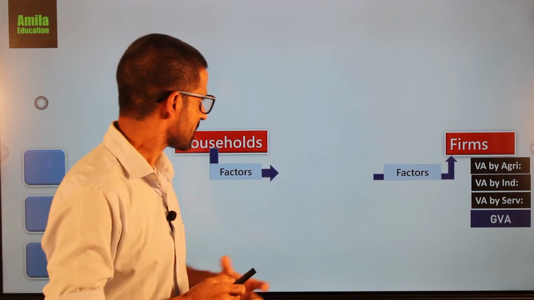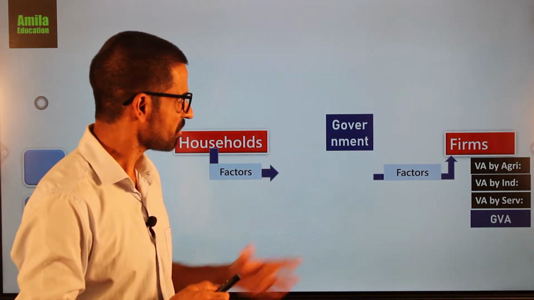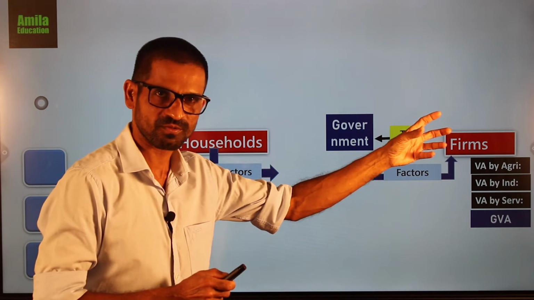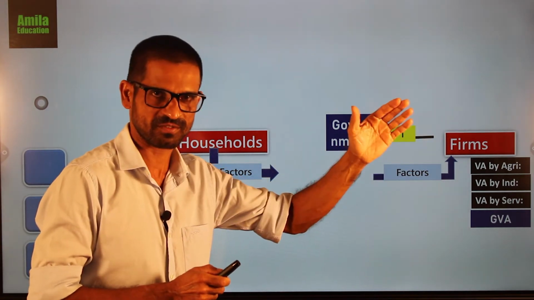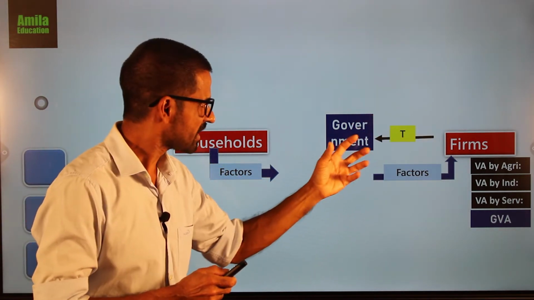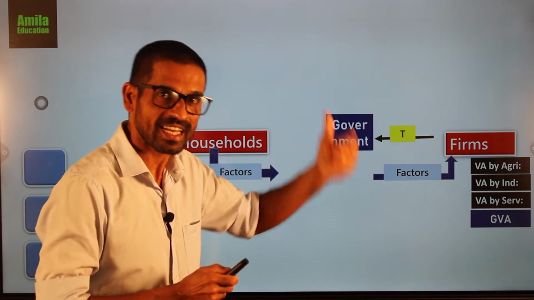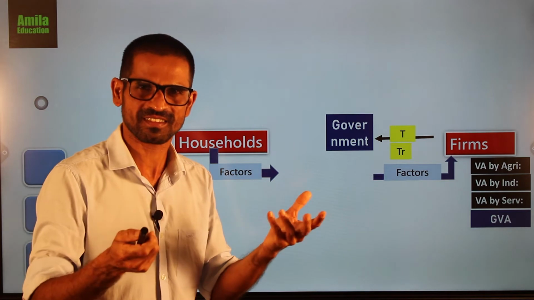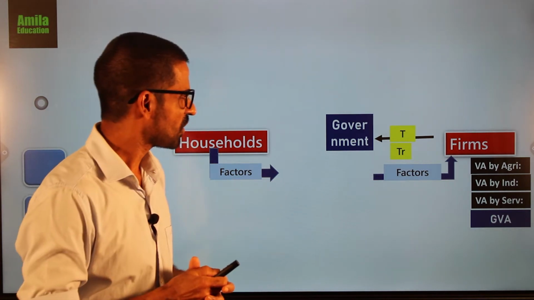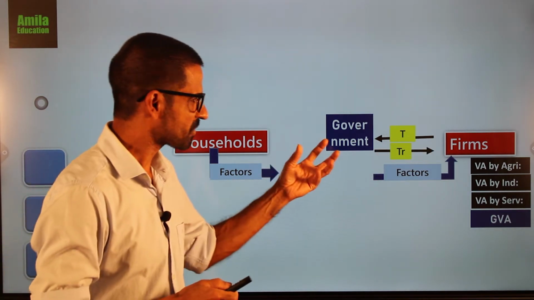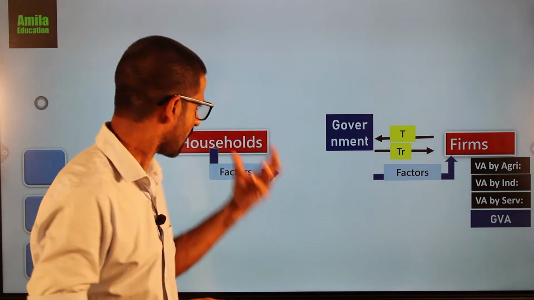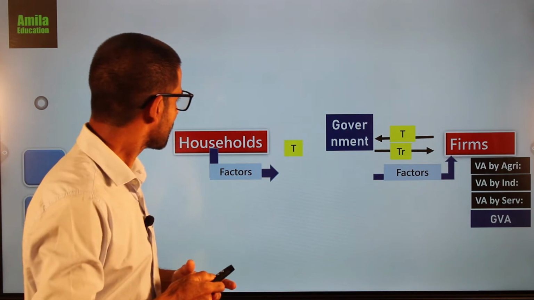Then the government imposes taxes on firms. There are various types of taxes, and on the other hand it provides transfers and subsidies to firms. Transfers are direct payments by the government to the firms and the households, right?